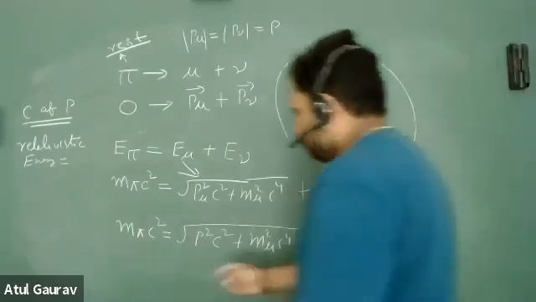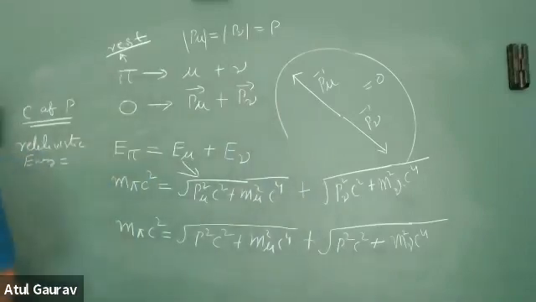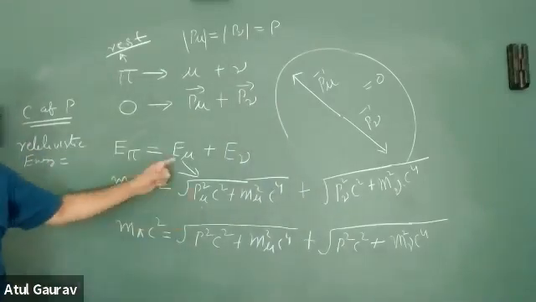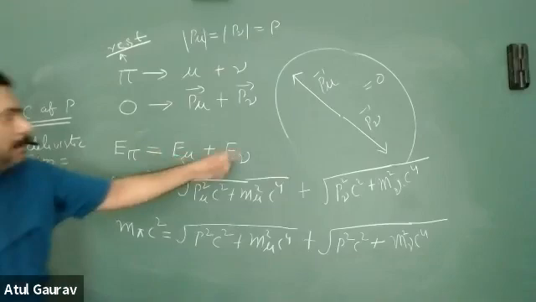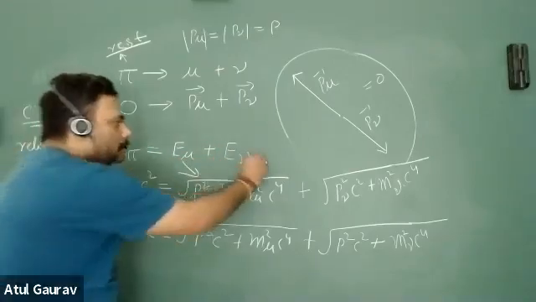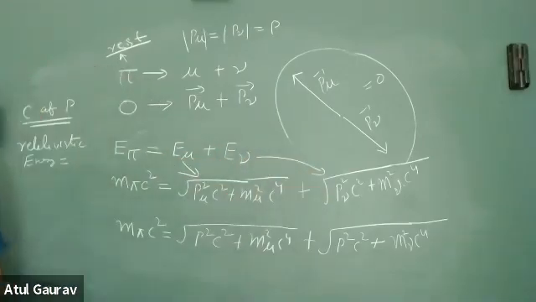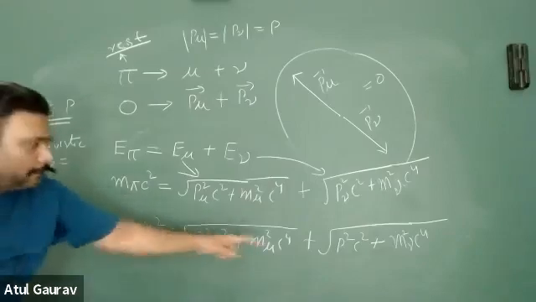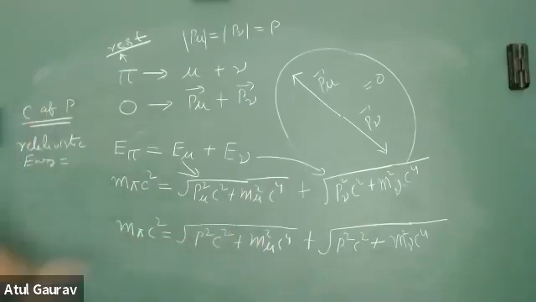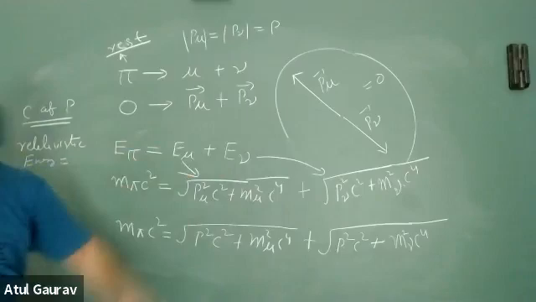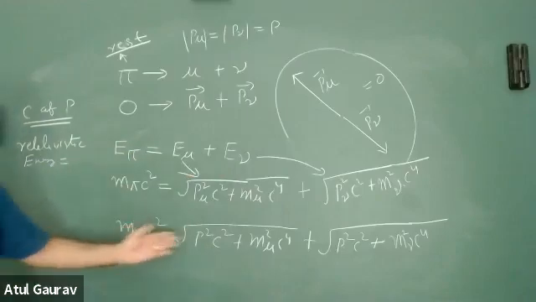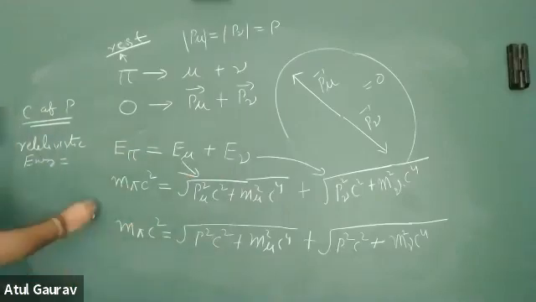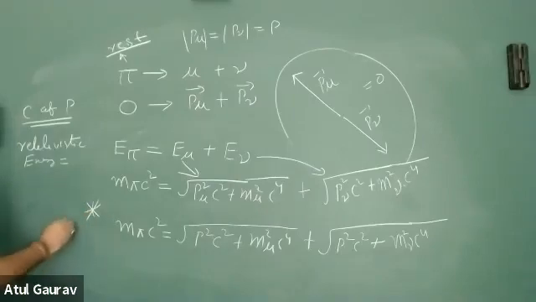Please mind it. This is E mu and this is E nu. Once you get the value of momentum, then you can find E mu as well as E nu. But how will you get the value of momentum? So there is a star mark. You can do up to here, but what about the calculation part?